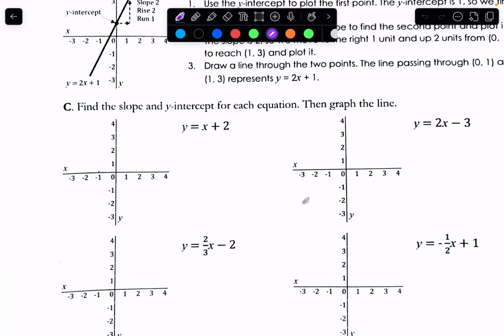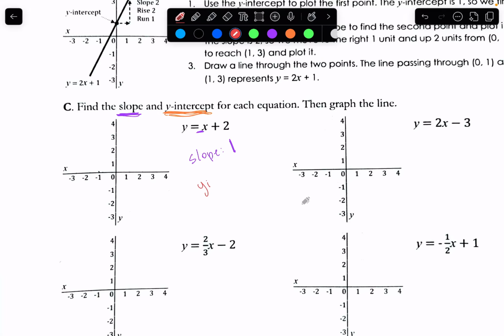Okay, so let's do slope in purple, y-intercept in orange. My slope's going to be whatever's in front of the x. What number's in front of the x right here? I'll give you a hint. That's a tricky one. It's 1.